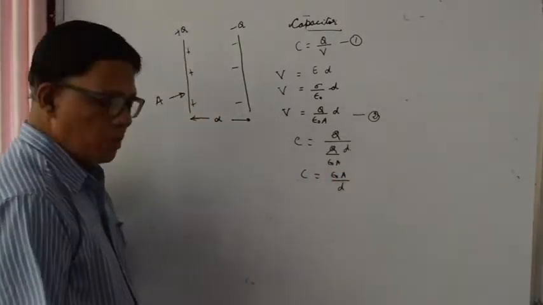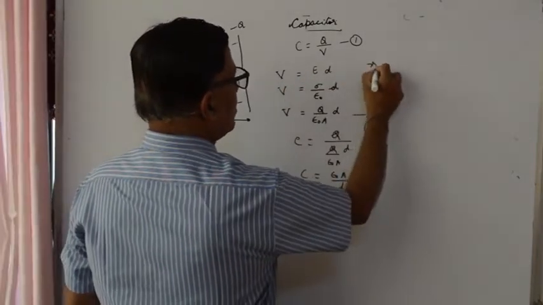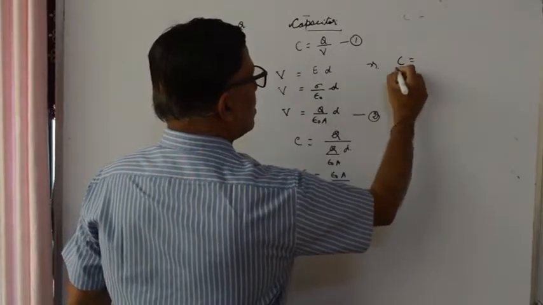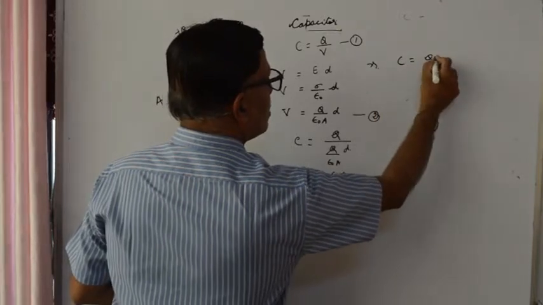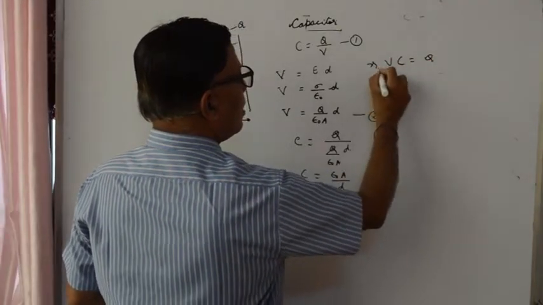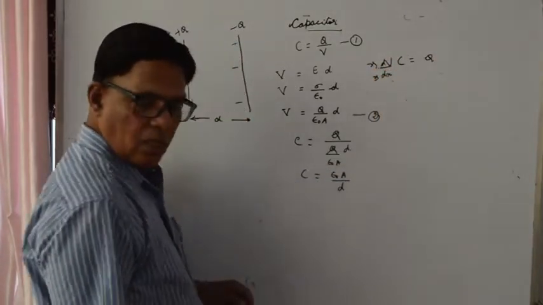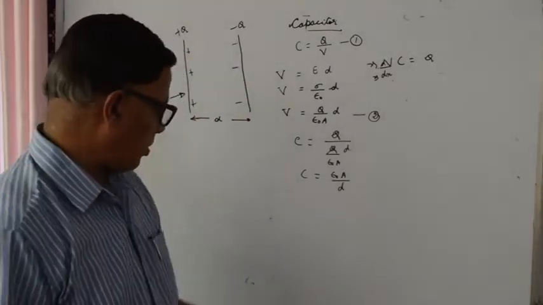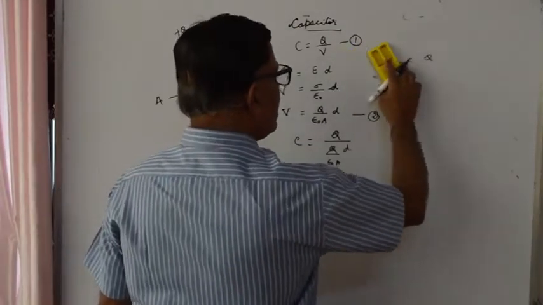You can also use dV by dx for E. If you want, you can use C equal to Q upon V, or Q is equal to CV, and V you can use dV by dx, and then also you can get the expression for the capacity. But without using calculus, it becomes easier.